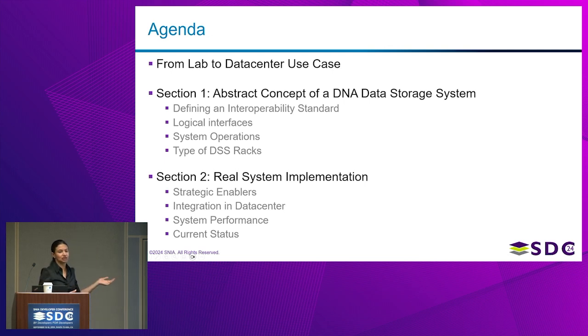All of this is essentially referring to the interoperability specification work going on. And based on this, we will also look at a real system implementation, which Biomemory is leading, and which will also look at what were the strategic enablers there, how is the integration in the data center, what is the performance and the current status over there.